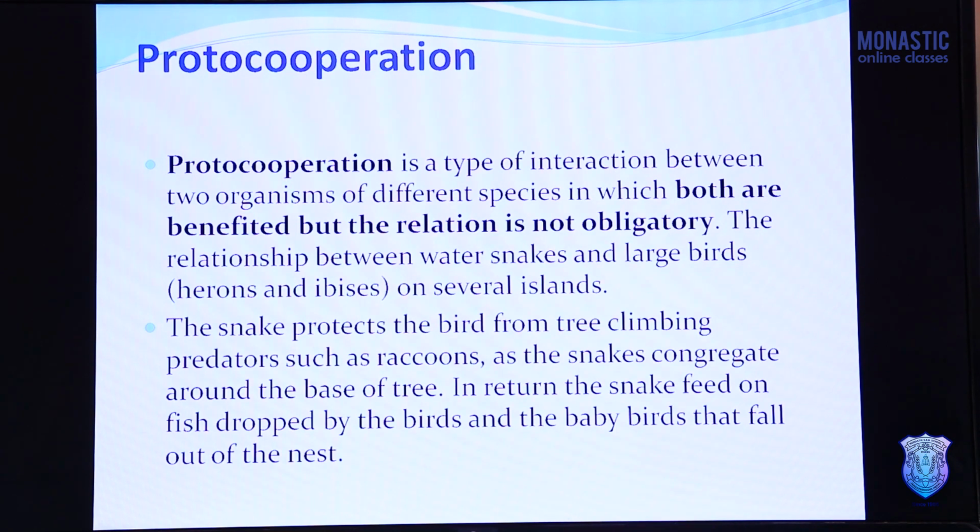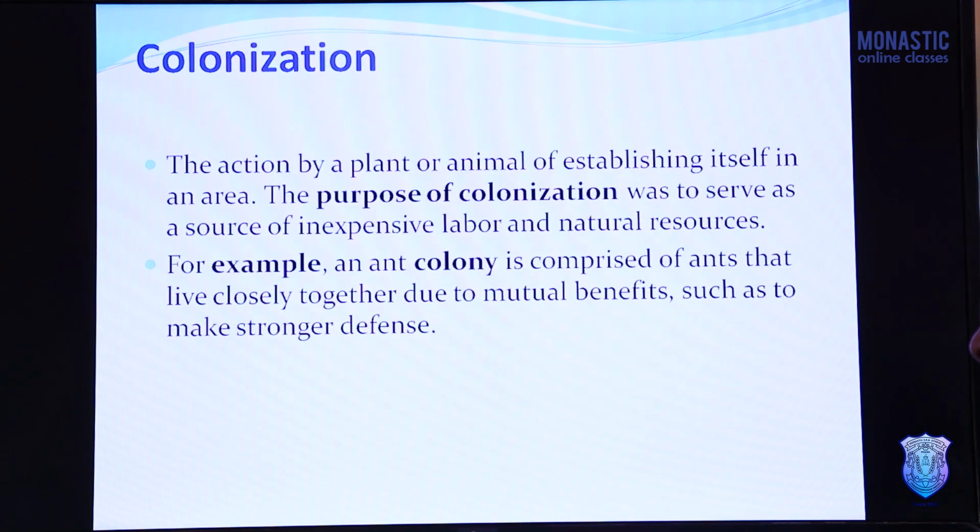Birds drop some fish, and the snake feeds on those fish, and on baby birds that fall out of the nest. Sometimes baby birds also fall from the nest, so the snake also feeds upon those baby birds. So this is Proto Cooperation in which both of them are benefited, but they are not obligatory, meaning they are not completely dependent upon each other for their survival.